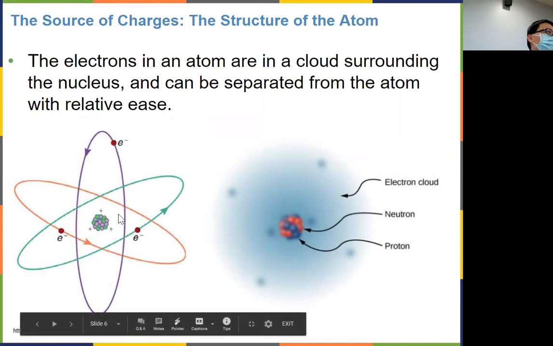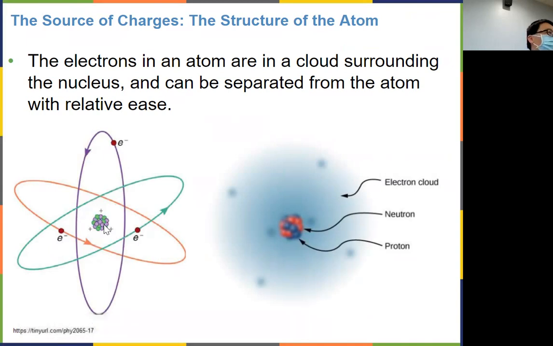This is a simple model of it, where you'll see electrons orbiting around it, but in reality, it looks something like this. So electrons have a probability of appearing at any location. It's not exactly a circular or oval orbit like that, but it appears everywhere, okay, with different probabilities.